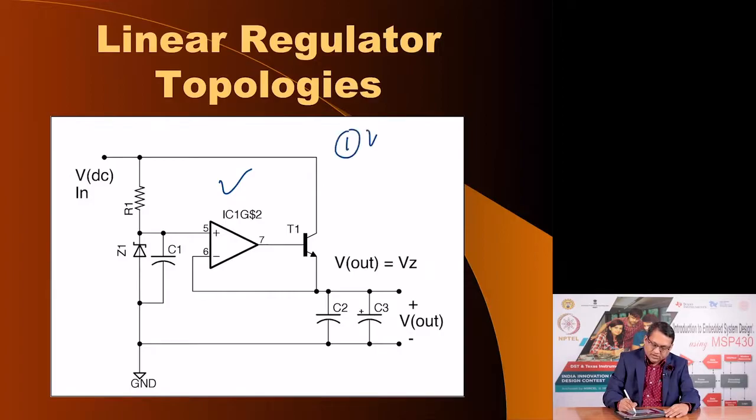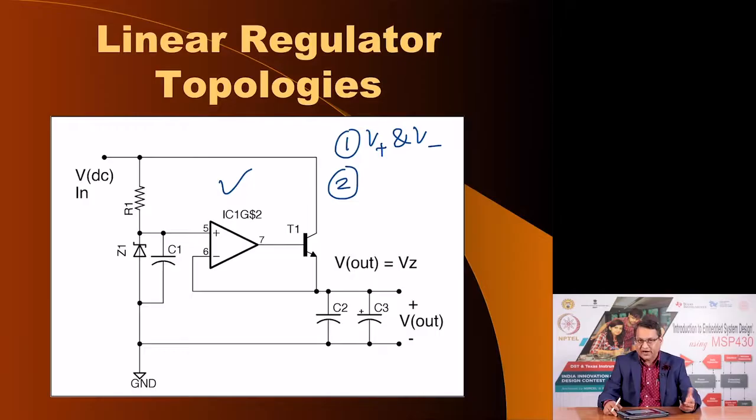One, the voltage between the V plus and V minus terminals is near identical, because the gain of the operational amplifier is very large, and two, the current going into the positive terminal or the negative terminal is very low, and for ideal situations you can take that current to be 0. Similarly, the voltage difference between V plus and V minus in ideal situations can be taken to be 0. In reality, that is not the case.